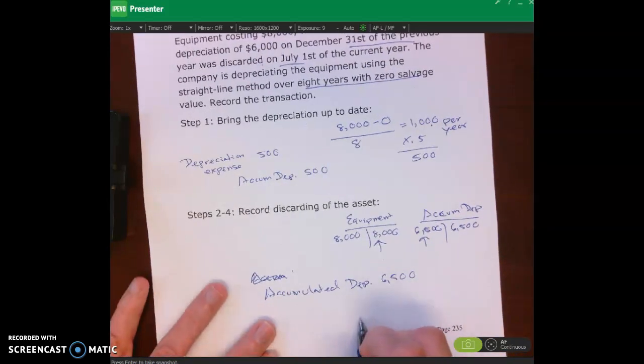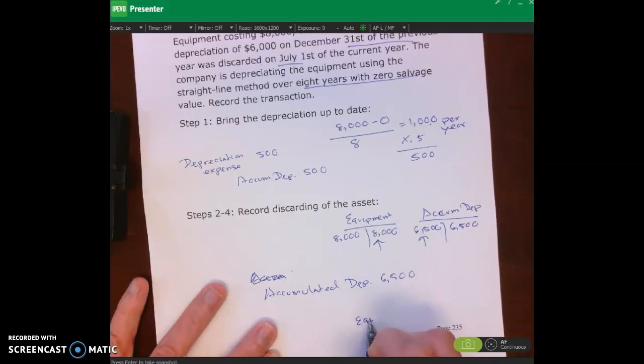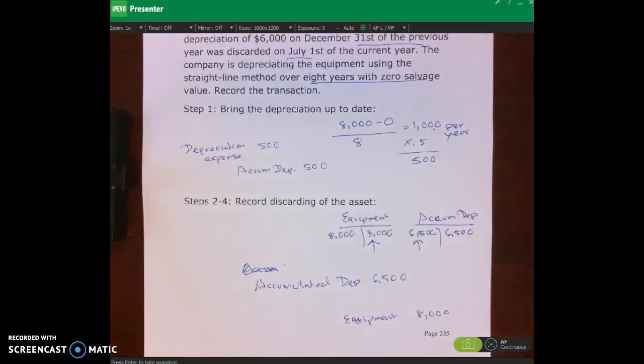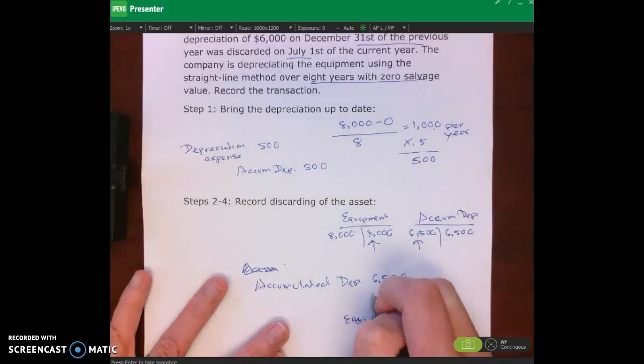I will credit equipment for $8,000. Now you know that debits do not equal credits in this situation, and they need to for the accounting equation to stay in balance. So I'm missing a debit for $1,500.